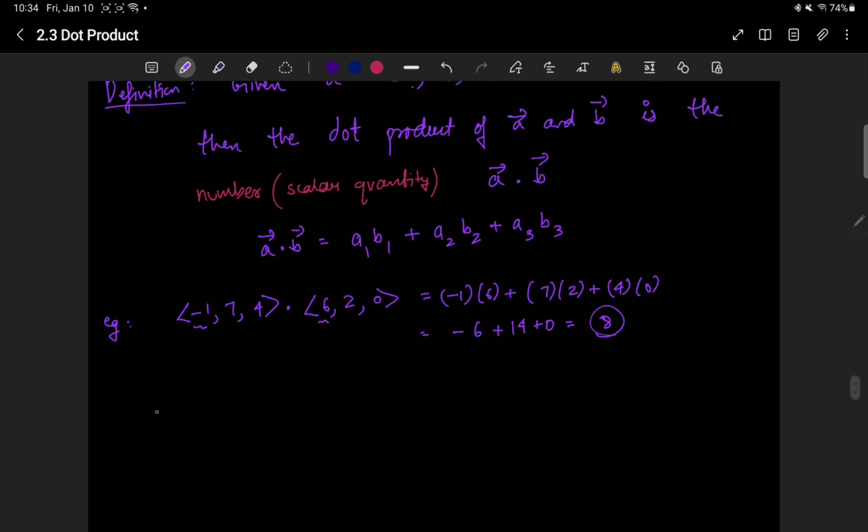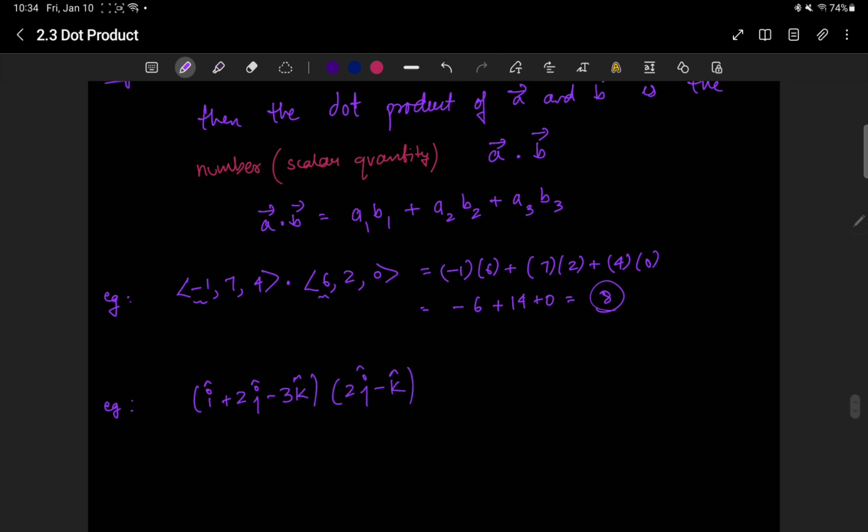The same thing can also be written in a different notation. So I could have i plus 2j minus 3k multiplied by 2j minus k. And I will do the same thing. I will take the i components, which is 1 here and none here, so 0.